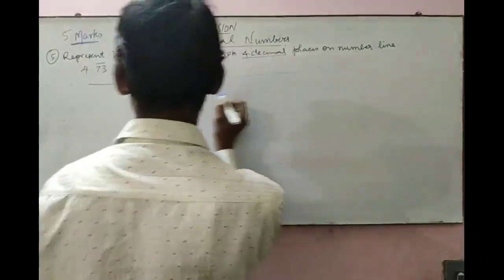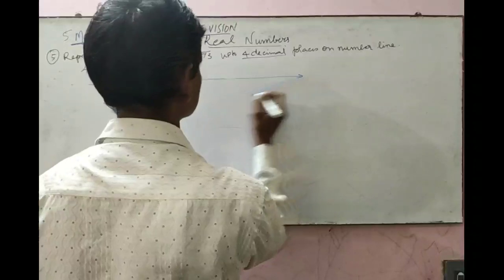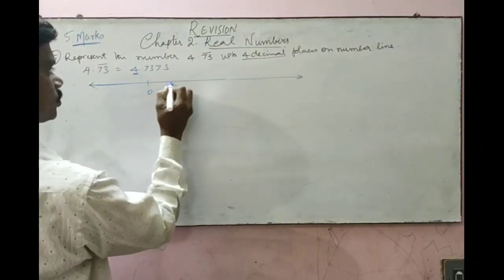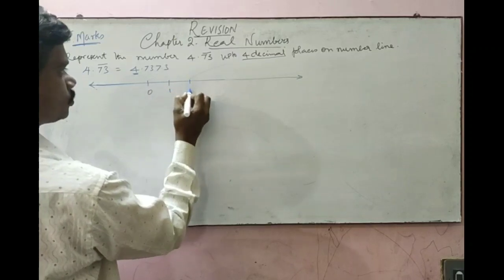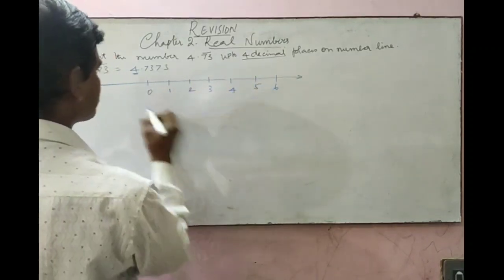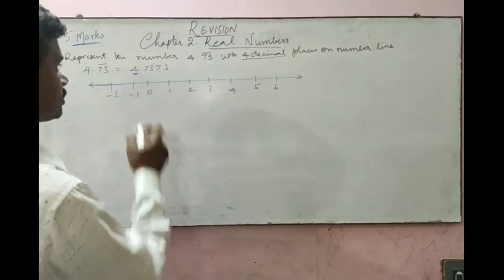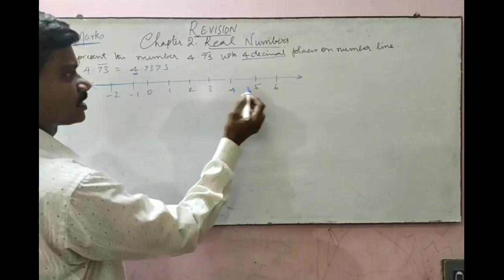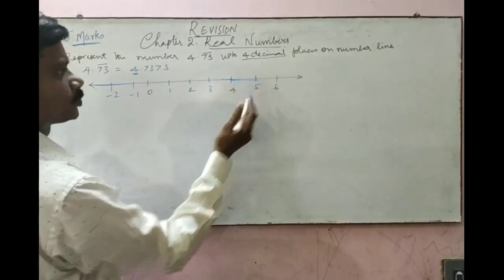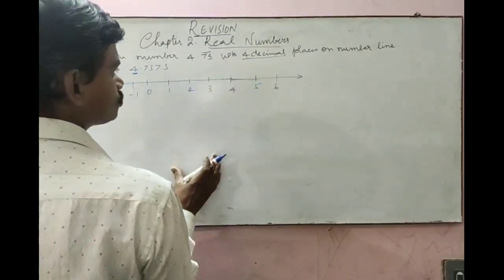So first I am going to start with the integer part. So this is the number line for the integer part. I am going to start with 0, 1, 2, 3, 4, 5, 6. Here on the left side we have -1, -2. So this number should lie between 4 and 5. So now I am going to visualize this with a zoom.